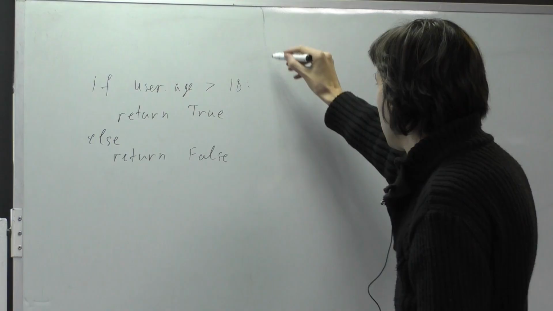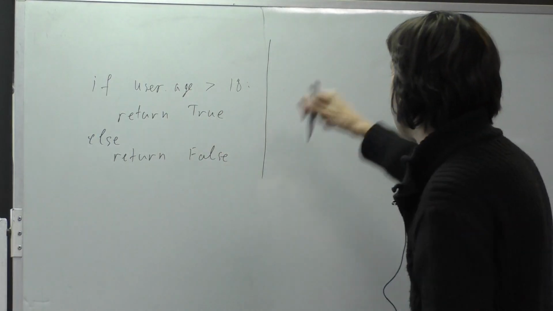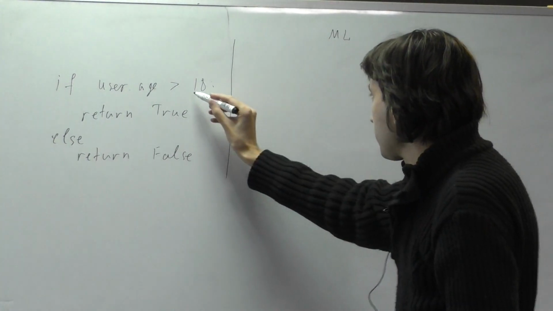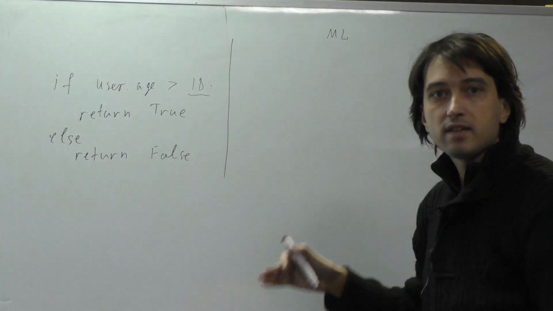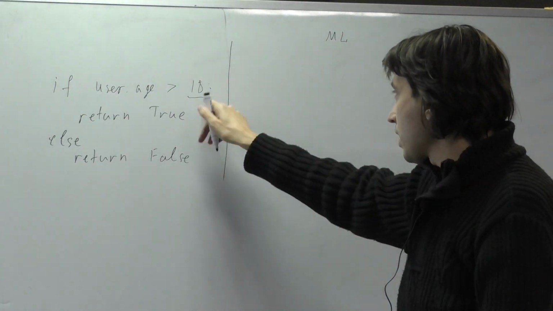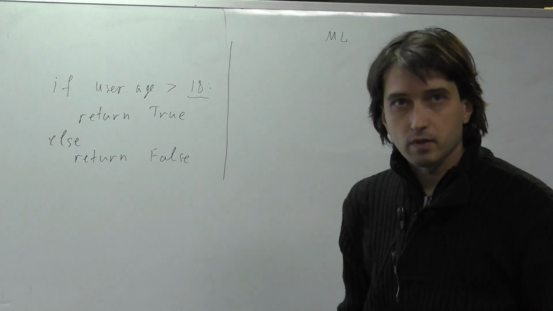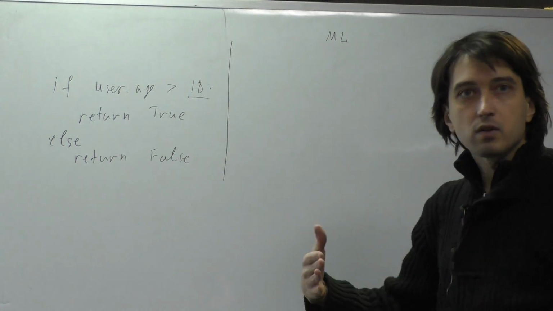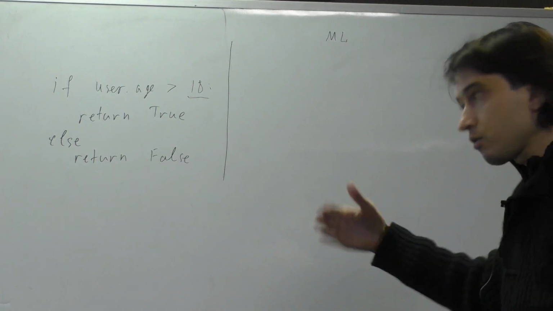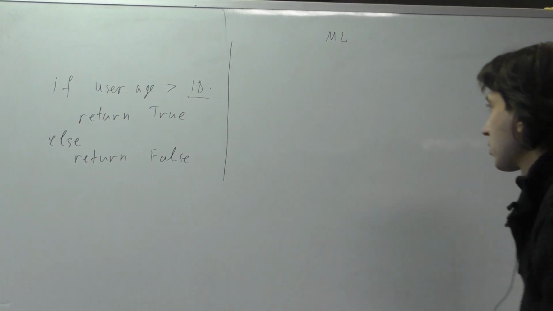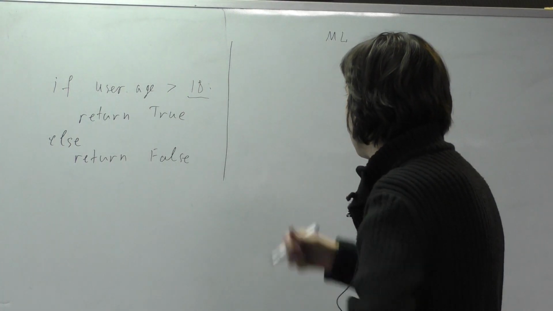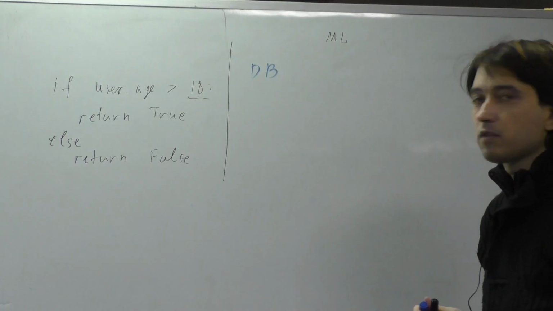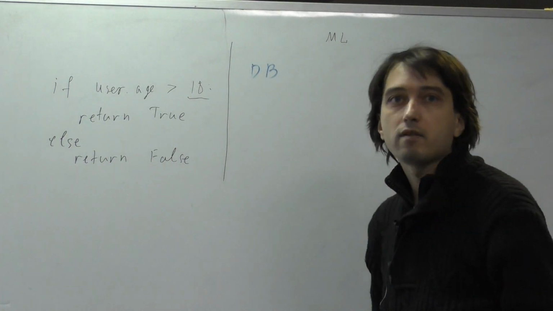What is the difference between this program and the machine learning approach? Here you have encoded some sort of parameter that defines how your program works, and this parameter is hard-coded into your code. Now I want something pretty different. I want to get this parameter based on some data from the outside world. Suppose I have some sort of database that contains different people that have obtained a driver's license.